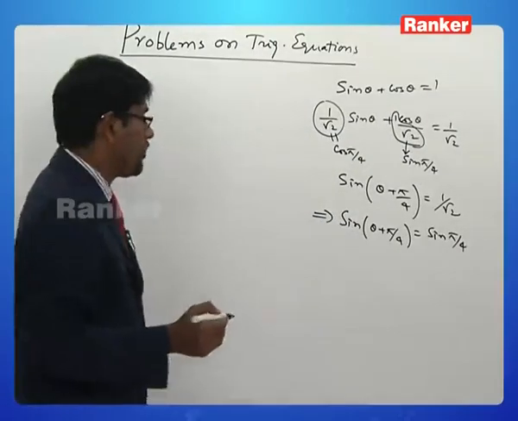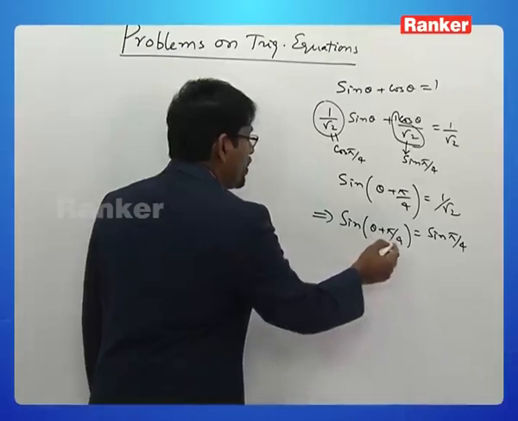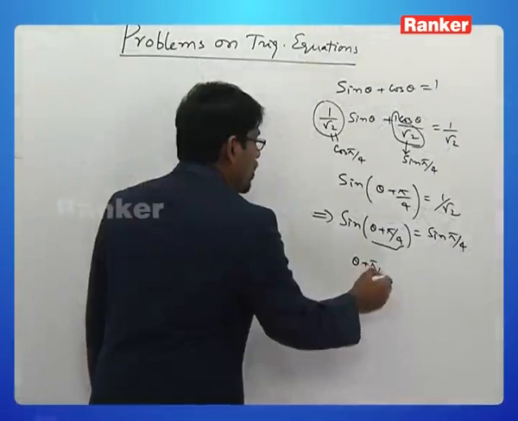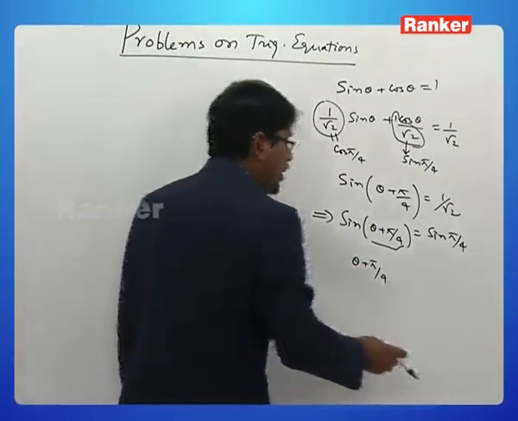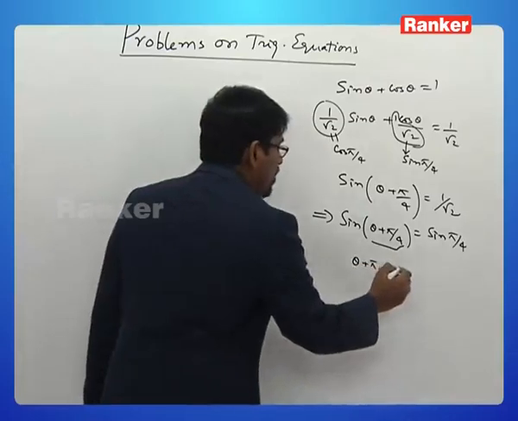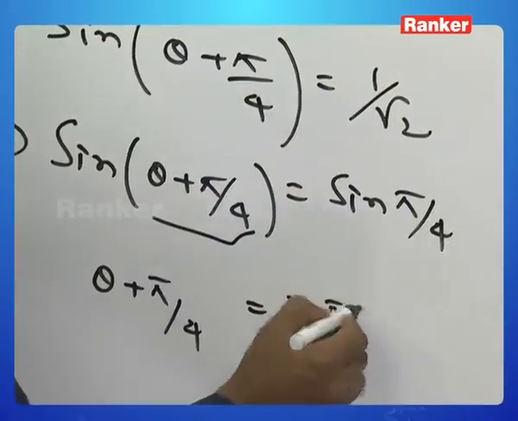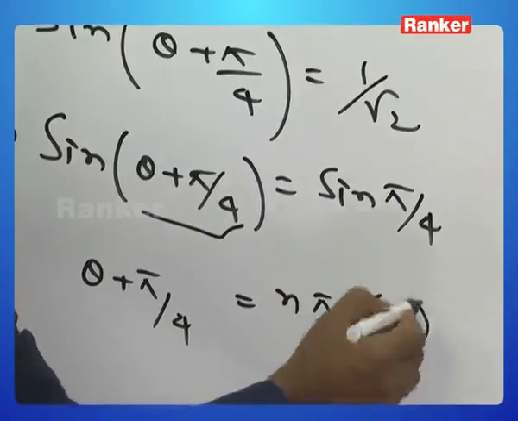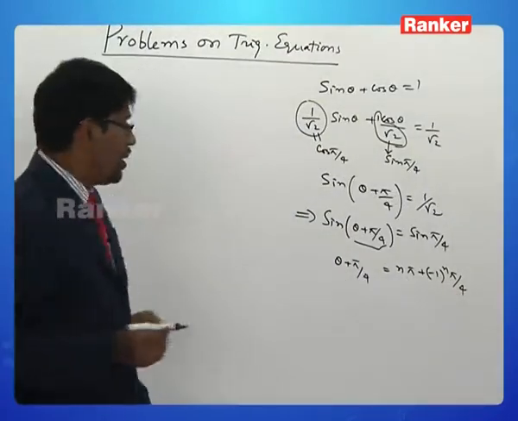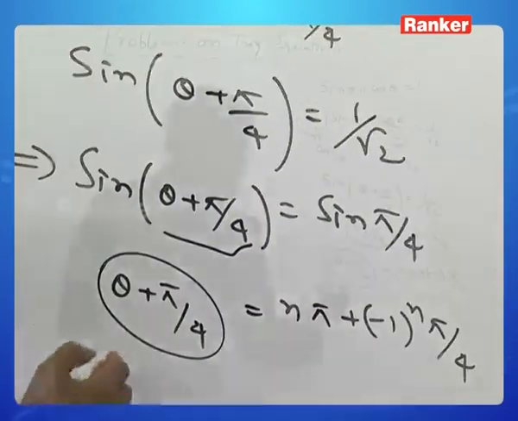Sin pi by 4. Now, theta plus pi by 4 is therefore equal to n pi plus minus 1 power n into pi by 4. Now, this theta plus pi by 4 is what you wanted here.